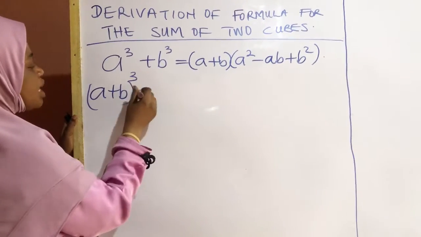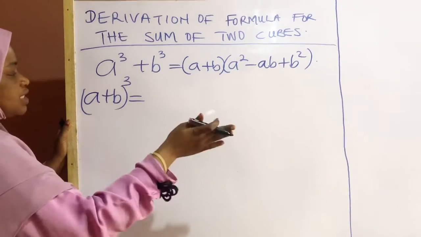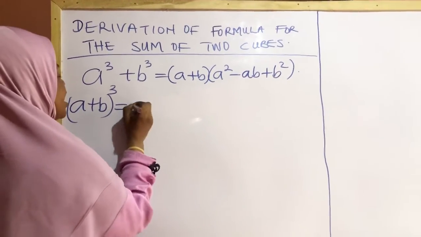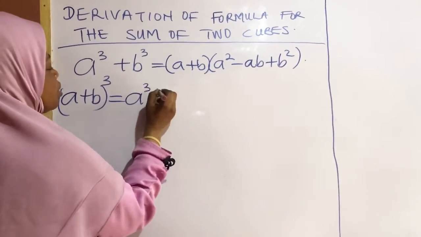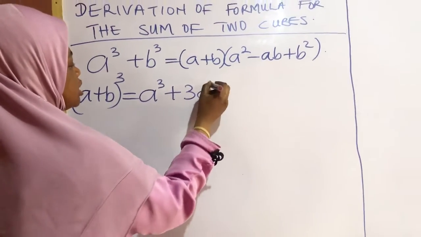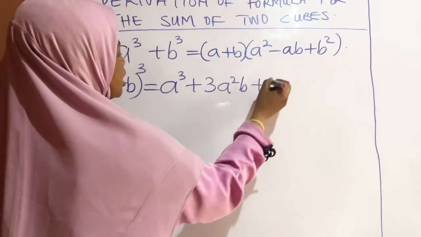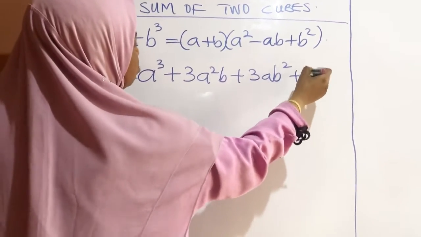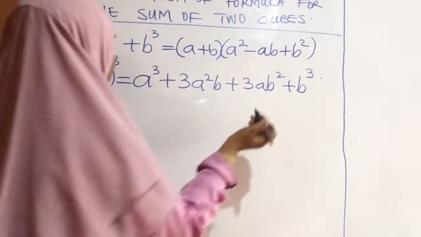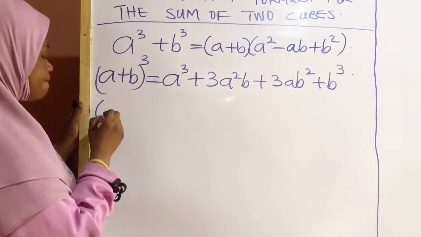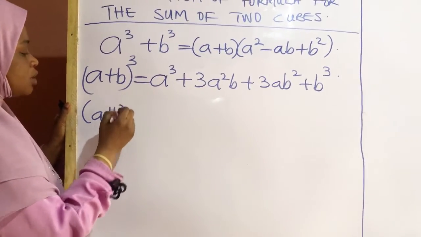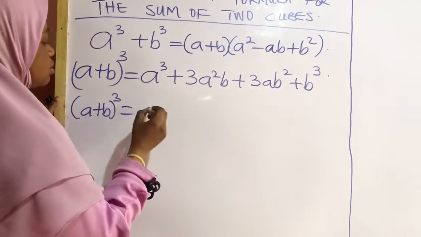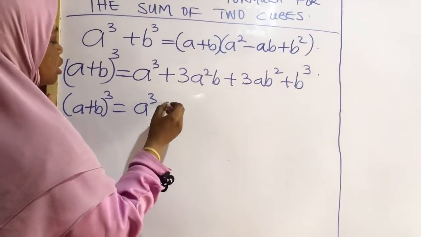So by binomial expansion, or you expand it directly, you have a cubed plus 3a squared b plus 3ab squared plus b cubed. Now say a plus b cubed is equal to a cubed plus b cubed.